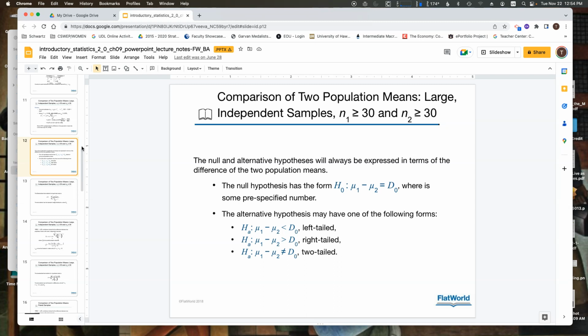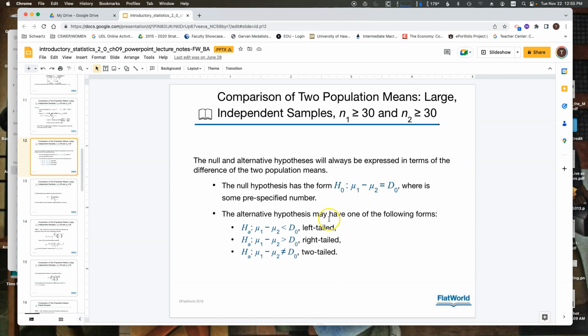We generally would start with a null hypothesis, where the null hypothesis, or H subscript 0, is the difference of the means equaling some value. So that's that pre-specified number, d subscript 0.